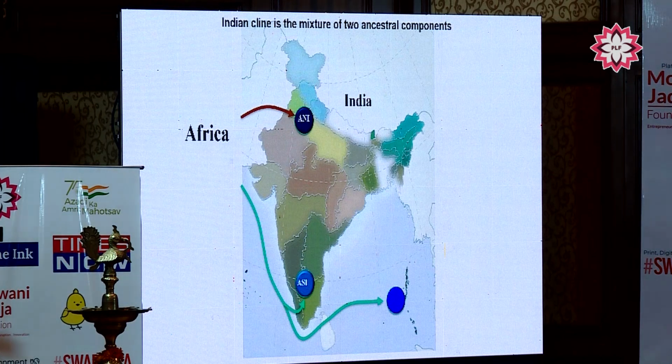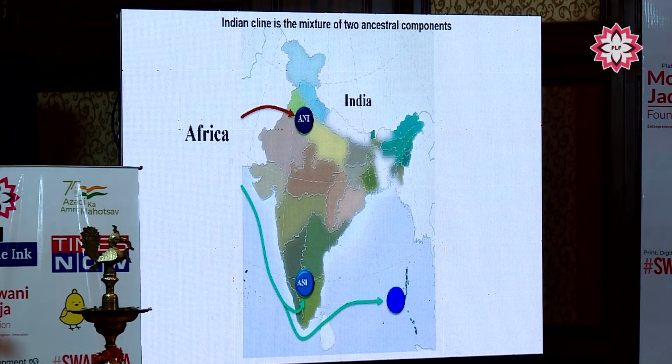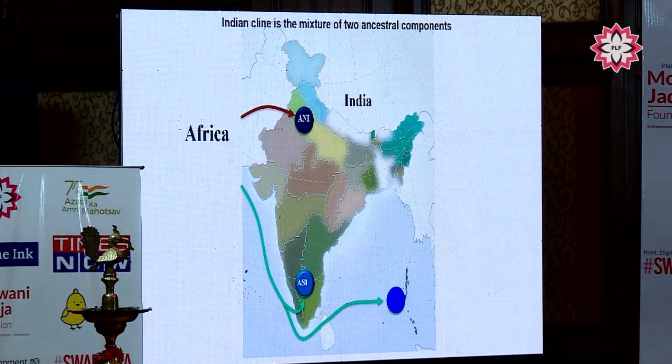But the question is, when did that ancestry come into India and form ANI, the ancestral North Indians? This ANI has a little bit of Western Eurasian ancestry that we sometimes get confused with the steppe ancestry or the Aryan ancestry.